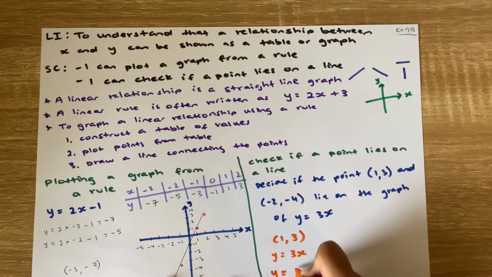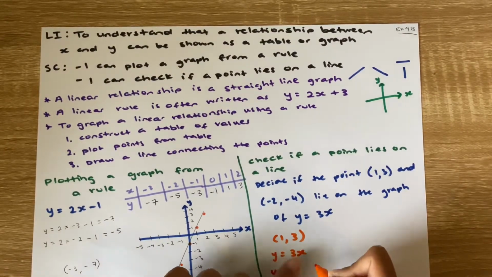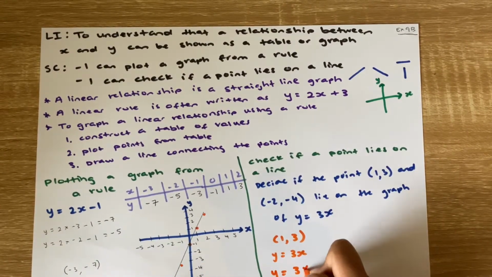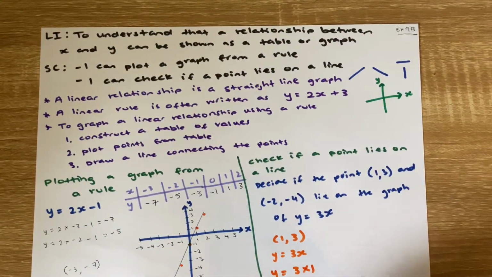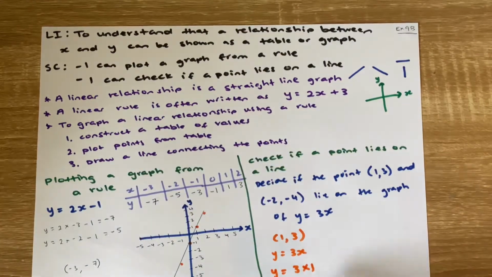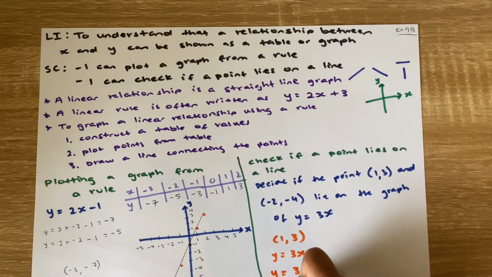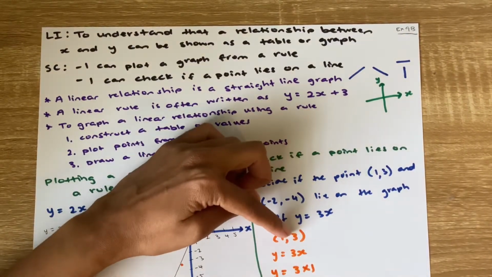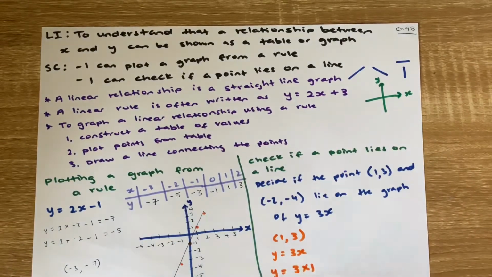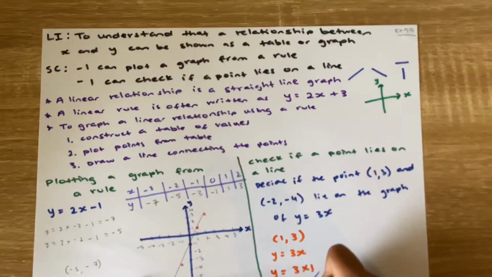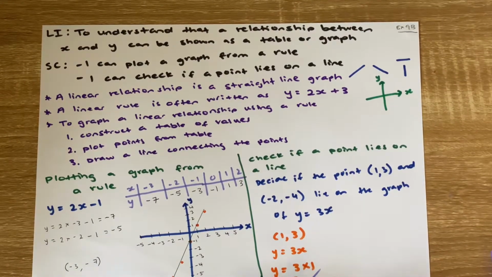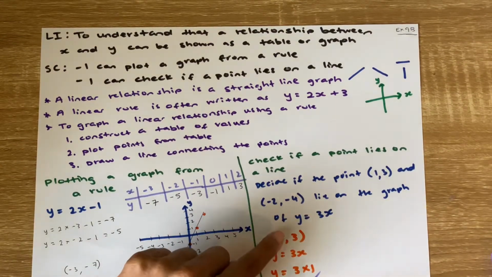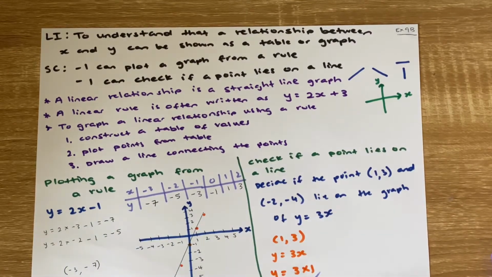Y equals 3, remember between a number and a letter there's a times, 3 times x. So if x is 1, does my answer equal this value here? 3 times 1 is 3. Oh, that's the same as what I've got in my coordinate. So yes, this does lie on that line because the number that I got as my answer is what was given to me in the coordinate.